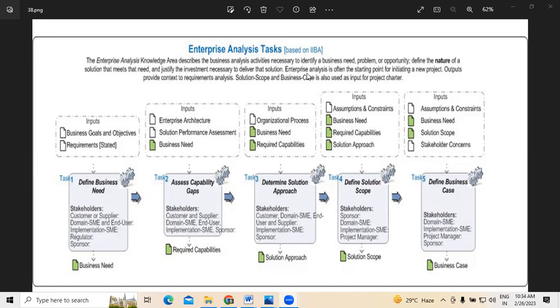If you want to define the business case, there are some points we have to consider. Those points are as follows. I'm writing down the points to consider to define the business case here.